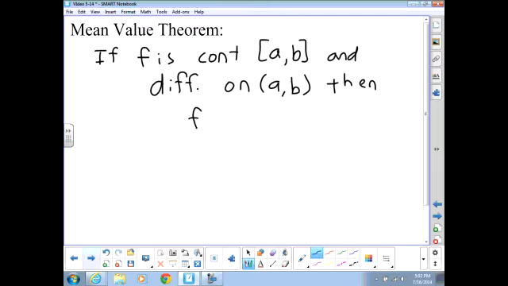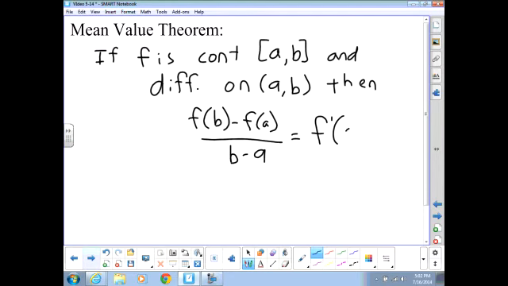And what that means is f of b minus f of a over b minus a must equal your derivative at some point c, provided that c is contained in the open interval (a, b).